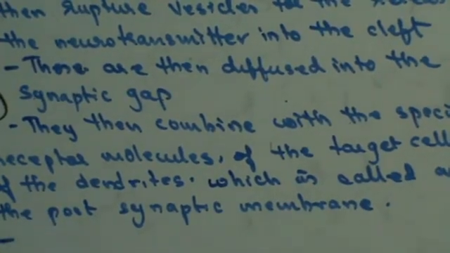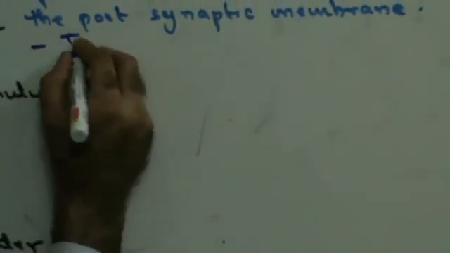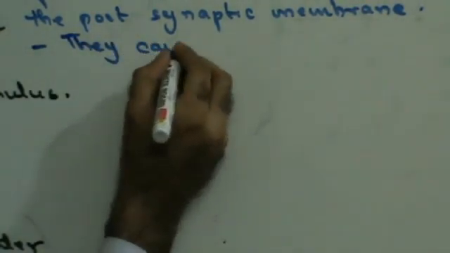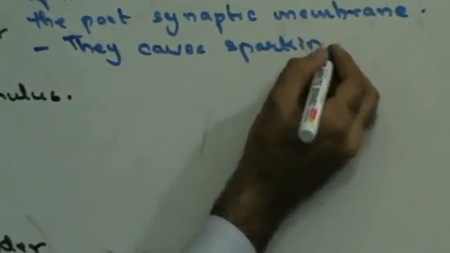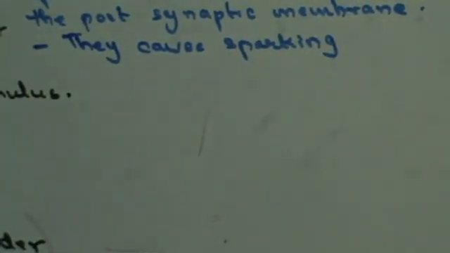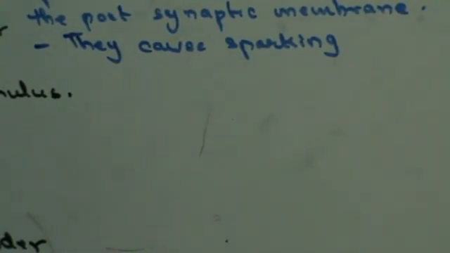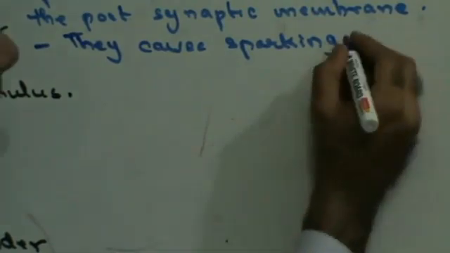As soon as the neurotransmitter combines with the postsynaptic membrane, they cause sparking, right? That means an electrical contact would be established between them. So they cause sparking and electric current due to depolarization passing on its signal.